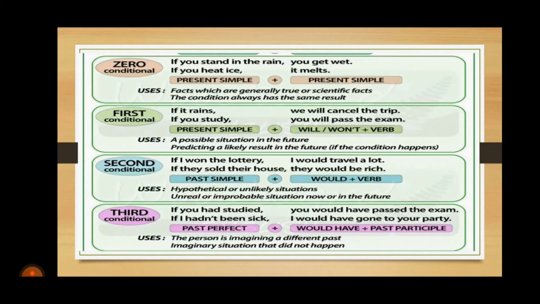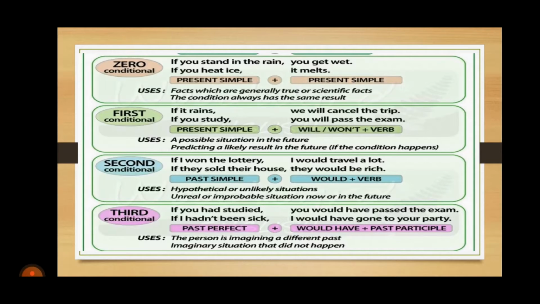So here, if I won the lottery, I would travel a lot. That is what we are going to write for the second conditional clauses. And for the third conditional clauses, it's entirely different. If plus past perfect plus would plus have plus past participle. If you had studied, you would have passed the exam. This is how you have four types of conditional clauses altogether.